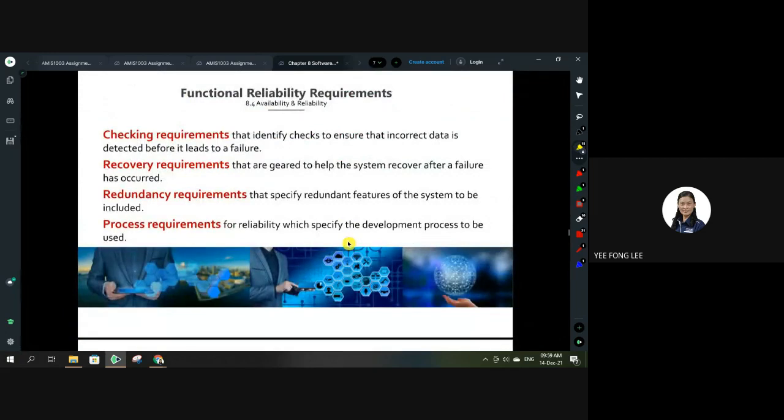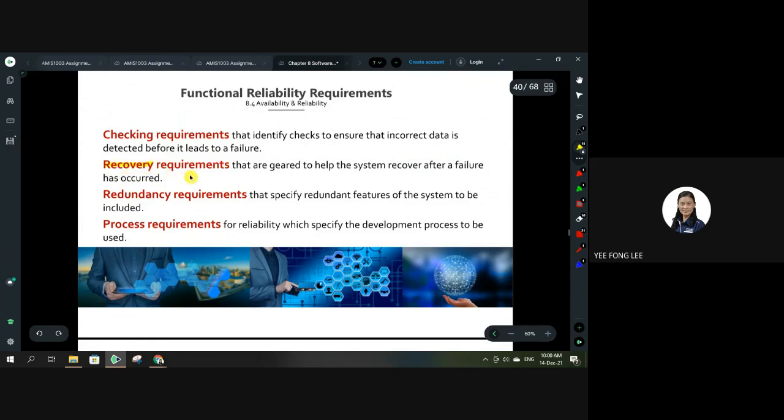Next slide, functional reliability requirements. Look at the slide here. There are 4 types of functional reliability requirement. Checking requirement, recovery requirement. These requirements are usually concerned with maintaining copies, because of recovery.